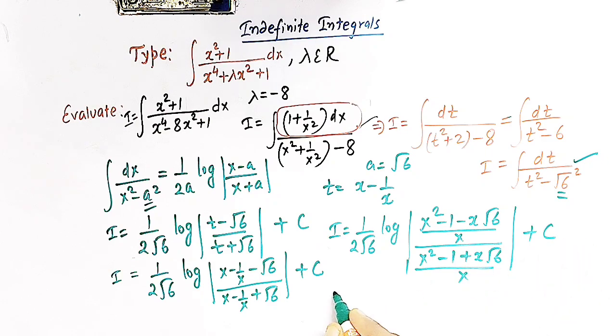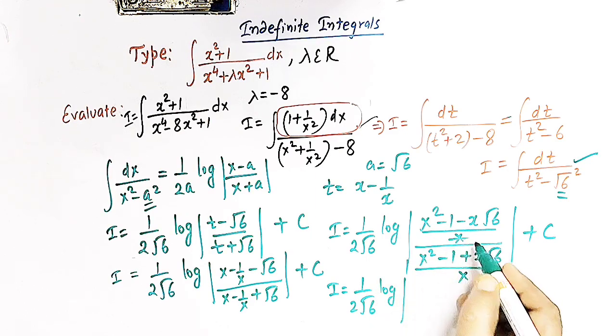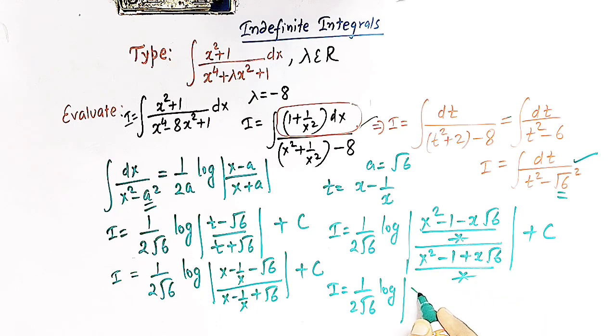And now we can rewrite it as 1 over 2 times square root of 6 times log, where x and x get cancelled, so we have x square minus x root 6 minus 1 divided by x square plus x root 6 minus 1, and c is the constant of integration.